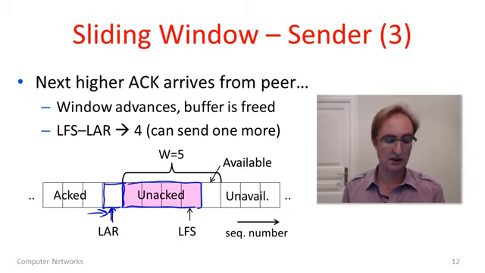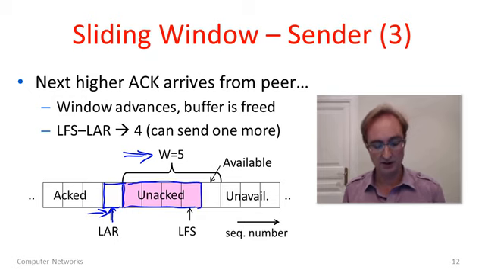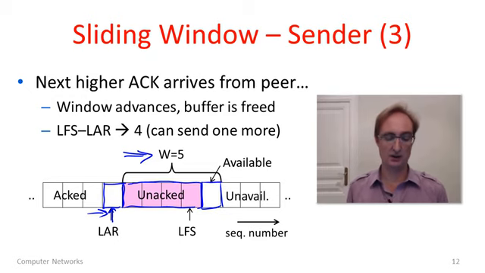And you can see that this sliding window is still size 5, but it's slid to the right. That's why it's called a sliding window. It moves along. That's opened up space for us to send one new segment into the network. And there you are. That's how the sliding window is operating in the normal case at the sender. You can see it moving along, sending new segments into the network as old segments are acknowledged.